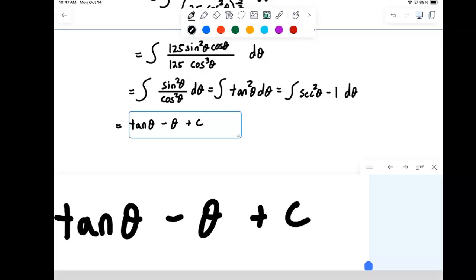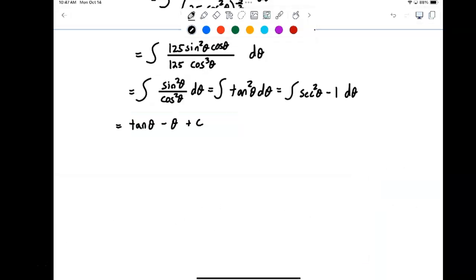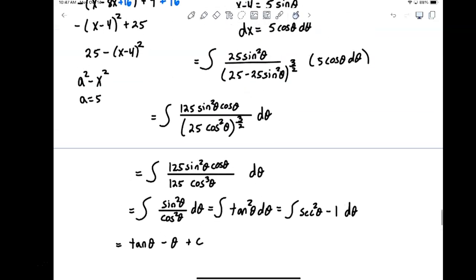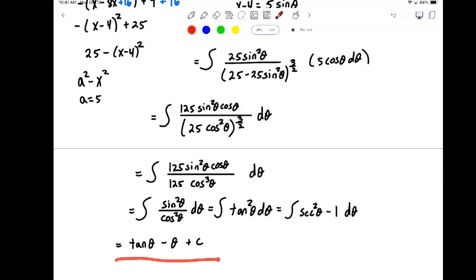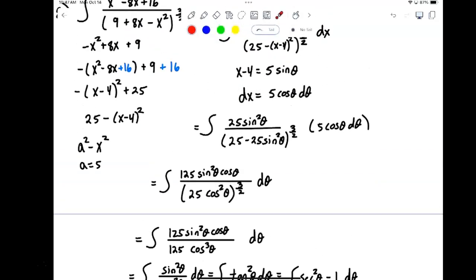And so now we've worked the integral out. This is, again, definitely one of the harder ones to do. And now our final step is to convert back to our original variable, which is x in this case. So we go back up to our substitution step. x minus 4 equals 5 sine theta.